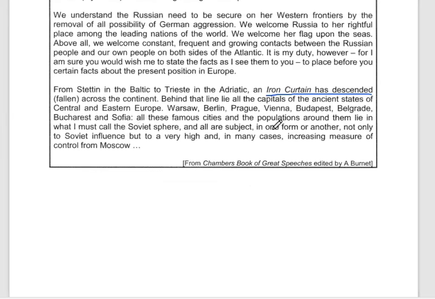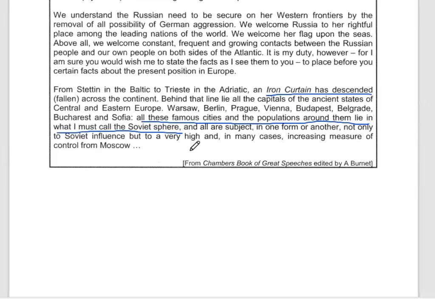It says, behind that line lie all the capitals of the ancient states, all those states that are indicated there. And it says all these famous cities and the populations around them lie in what I must call the Soviet sphere. That is where we are getting our statement.